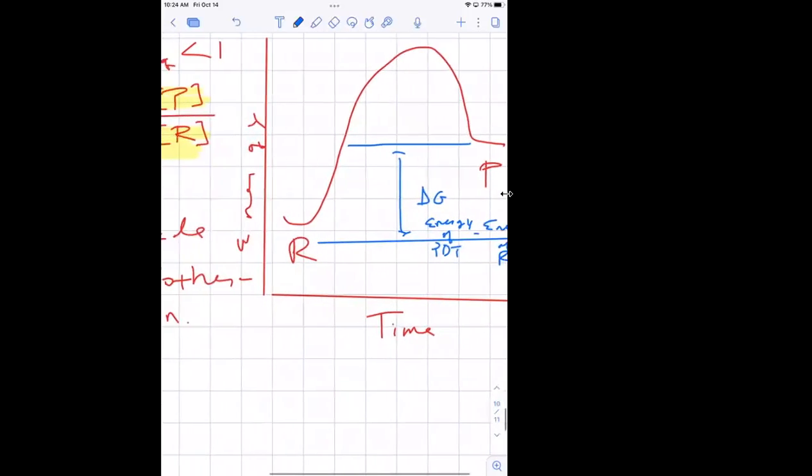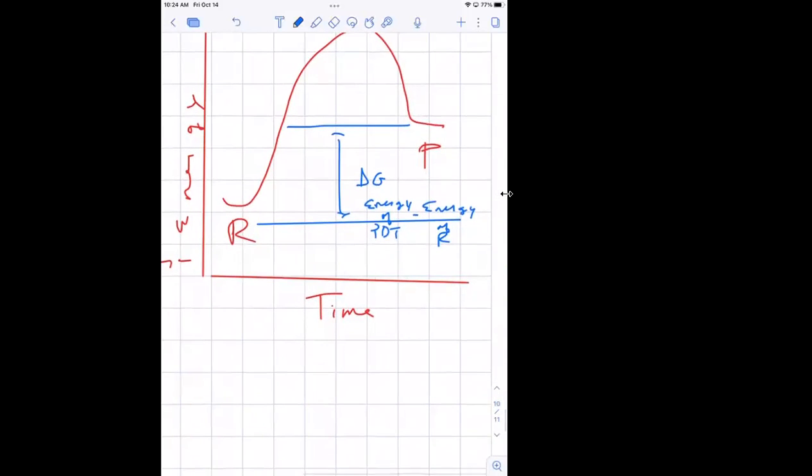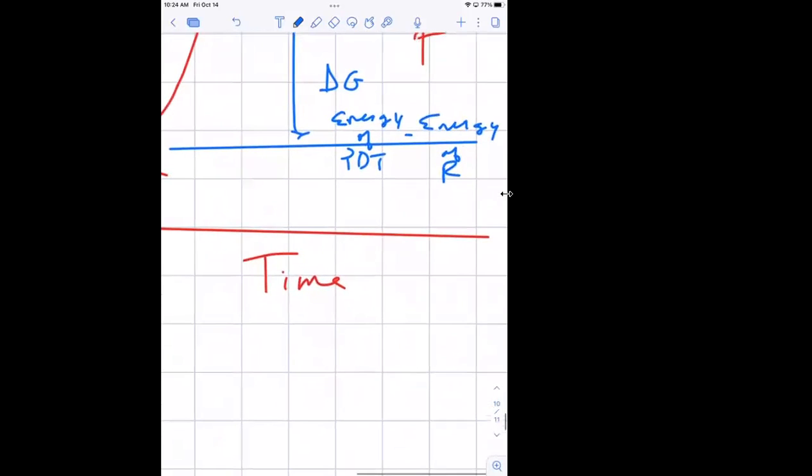If the product energy is higher than the reactant energy, and you subtract them, you're going to get a positive number. If it's the other way around, you'll get a negative number. If P is a bigger number, then you're going to get a positive number. If R is a bigger number, you'll get a negative number. Are we okay with that?